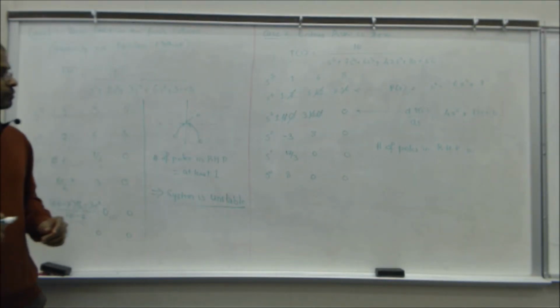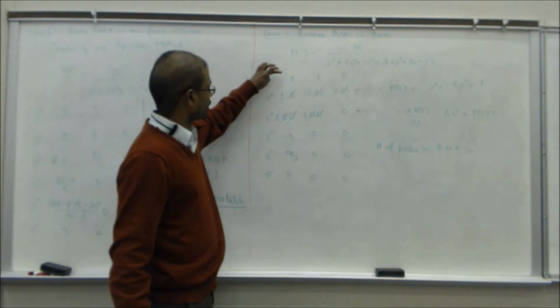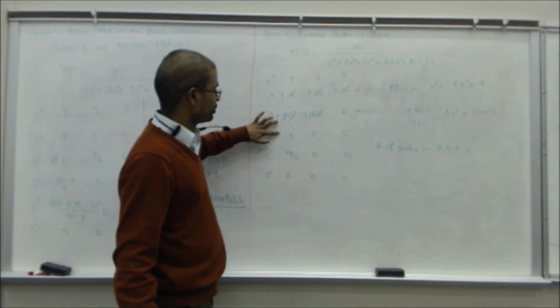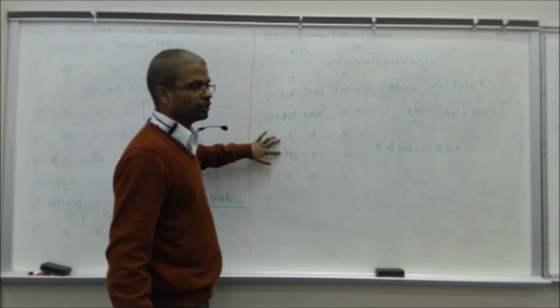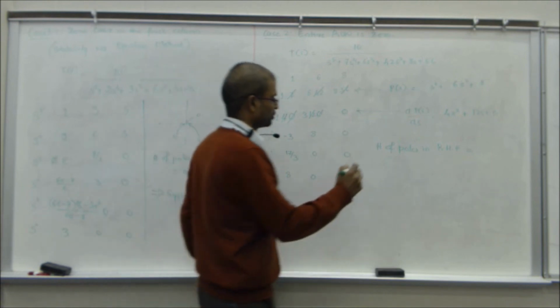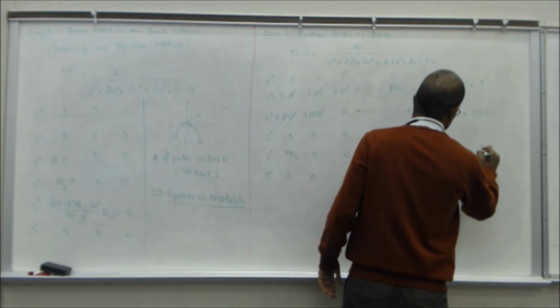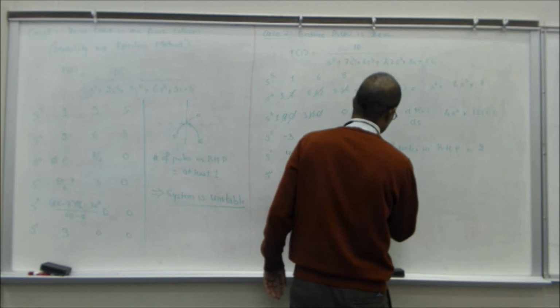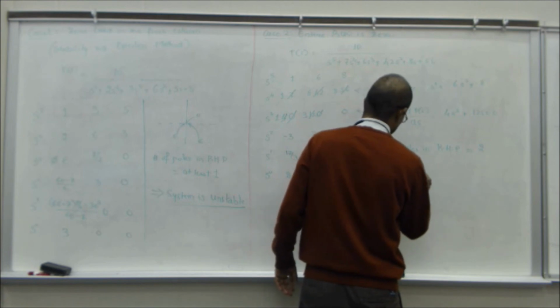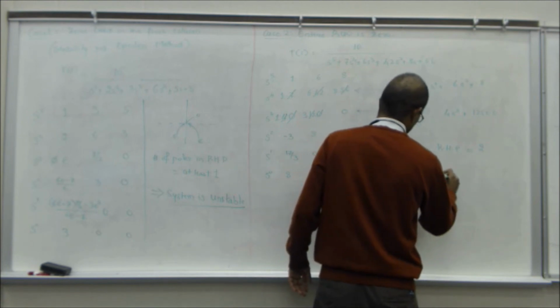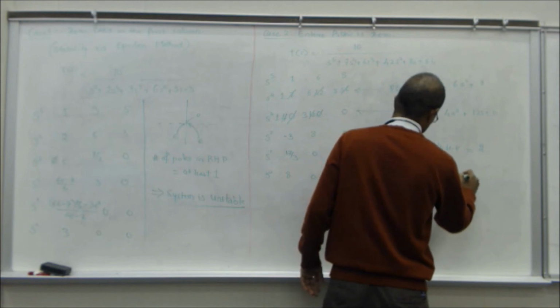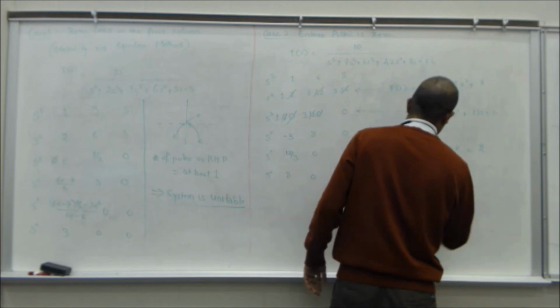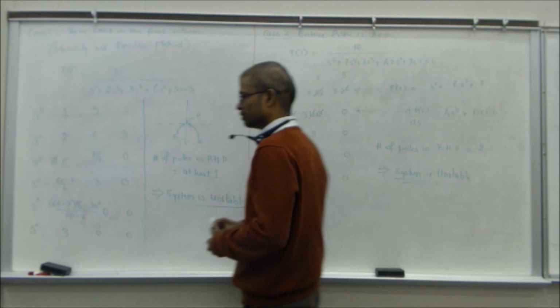Right. One sign change, another sign change. So the number of poles is 2, which implies the system is unstable. All right. So this completes chapter 6.